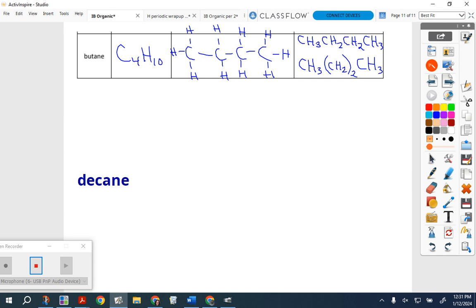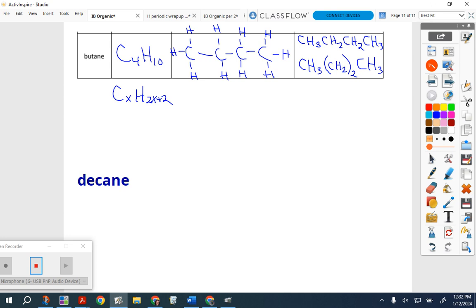So if I wanted to write a general formula for the molecular formula for alkanes, I could write CX, and then what is the H going to be for any given number X? Okay, so we're going to have 2X plus 2. That is the general formula for alkanes.